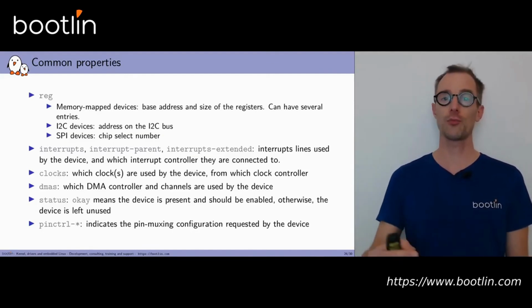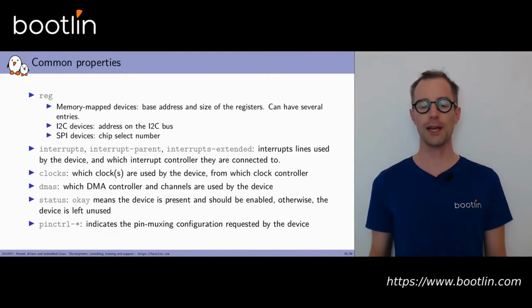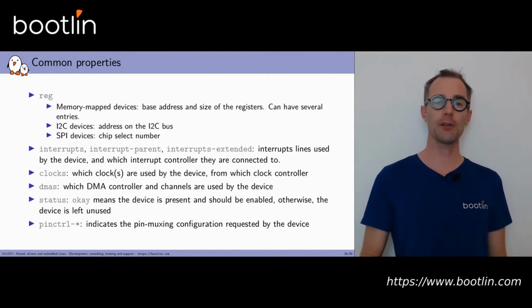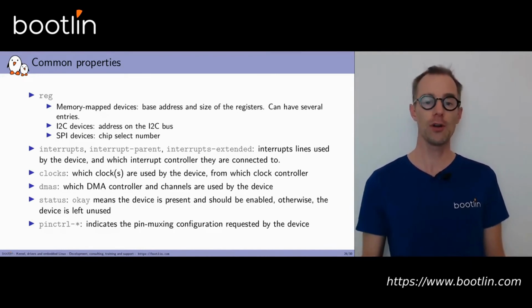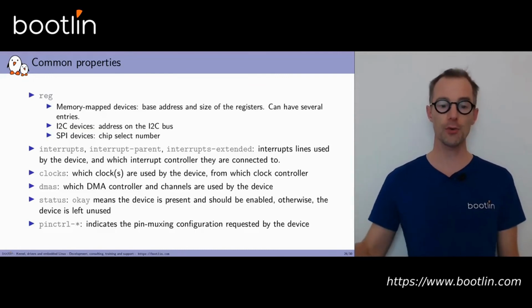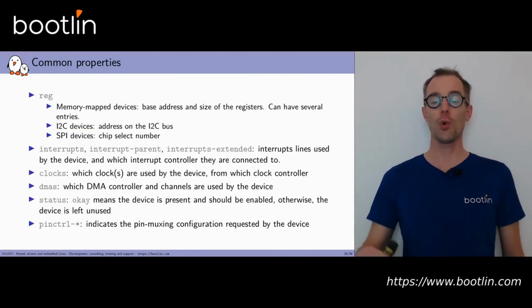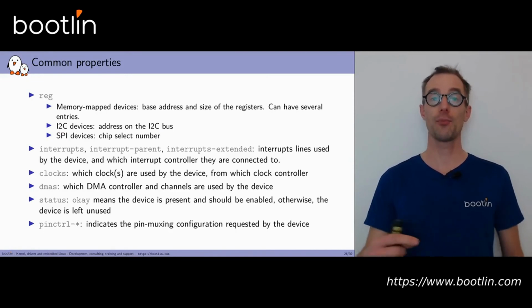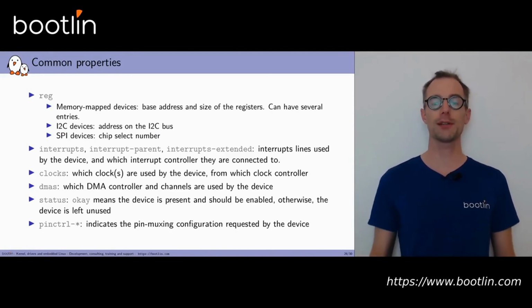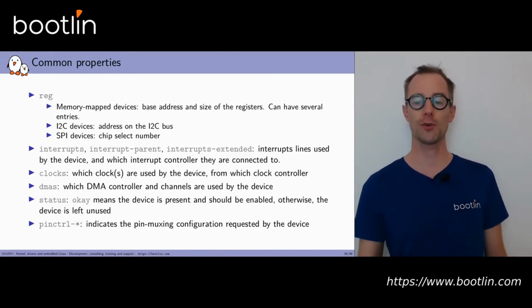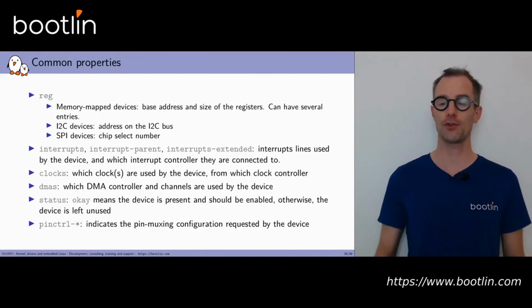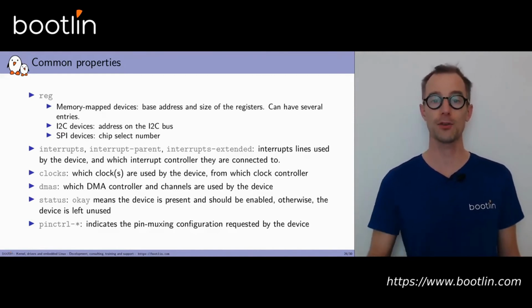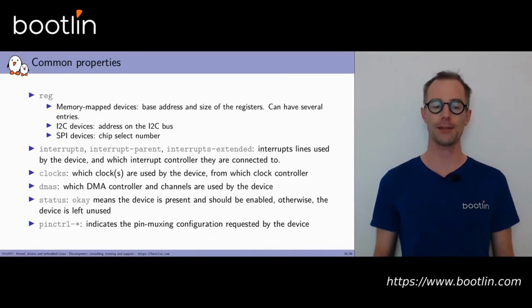Interrupts will give the interrupt number and sometimes a bunch of flags related to it. Interrupt parent will point to the interrupt controller that is used for all the sub-nodes in the device tree, while interrupts extended can provide both at the same time. So it's a single property that allows you to give a pointer to the interrupt controller and the number of the interrupt that you want to use from that interrupt controller, as well as a number of flags.